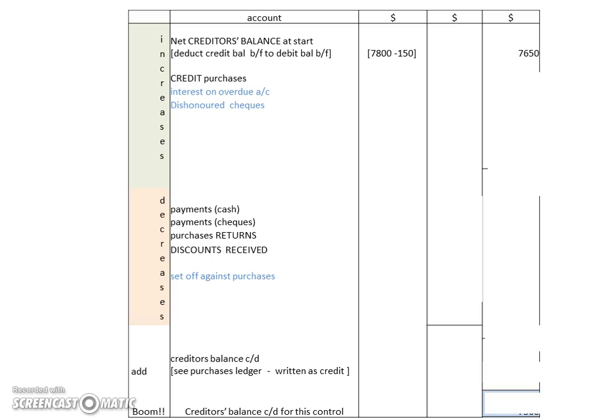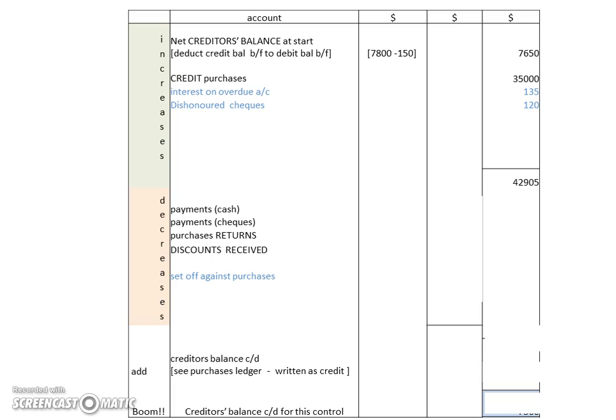So I start out with the 7,650, and I want to add all those things that will increase that balance given right there. So I'm adding the 35,000 along with the 135 for the interest overdue and the 120 on the dishonored checks. When we add those together, that gives us a total of 42,905.